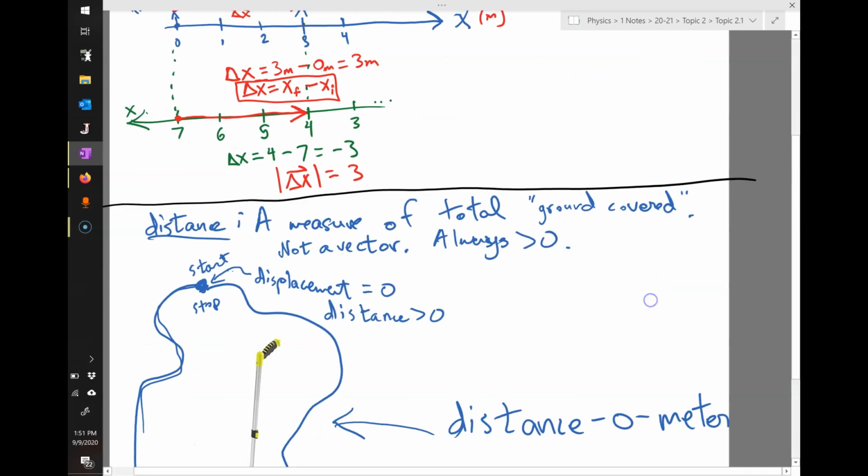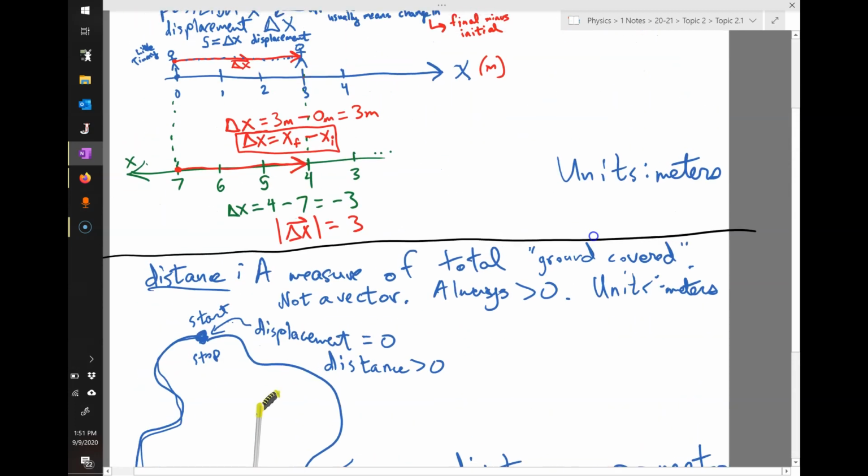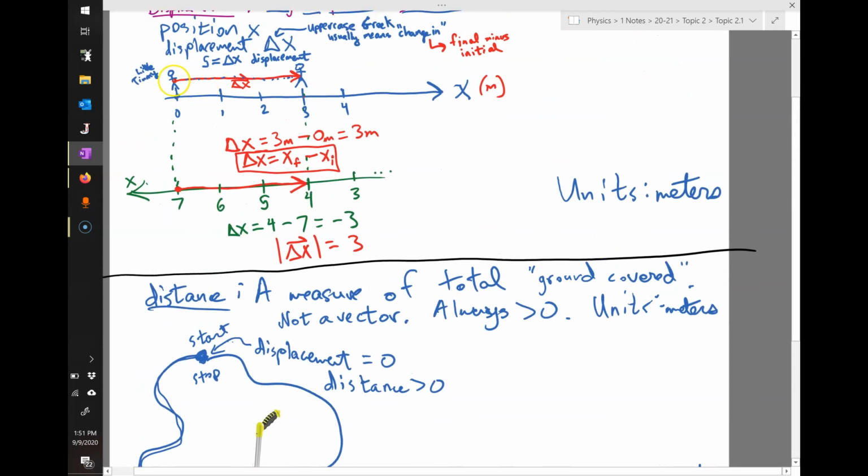They are both measured in meters, and there are some situations where it might seem like distance and displacement are the same thing. Like if we look at this example up here, little Timmy went forwards and he stopped. So the distance that little Timmy traveled was 3 meters. And the size of his displacement vector is also 3 meters. So it seems like those are the same thing, but they're really different quantities.